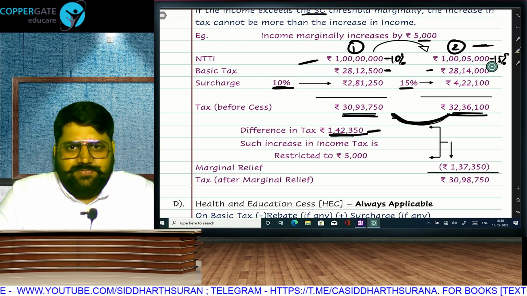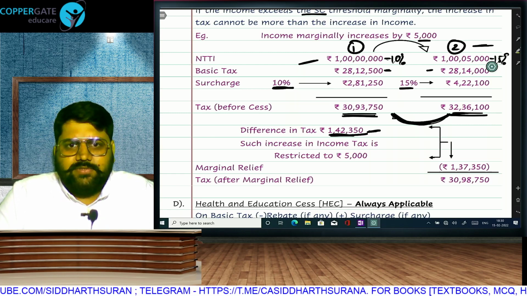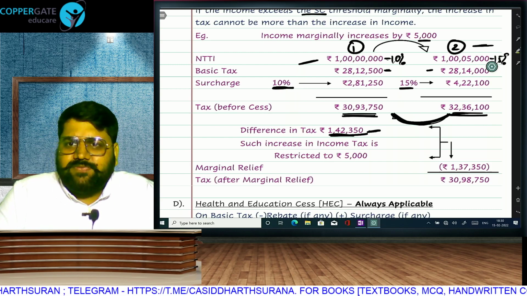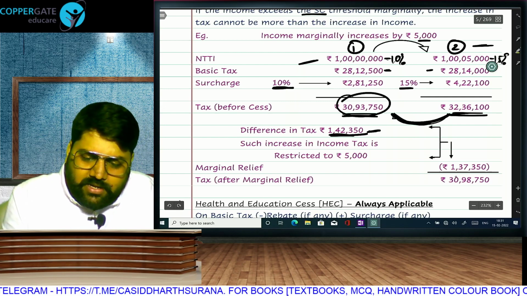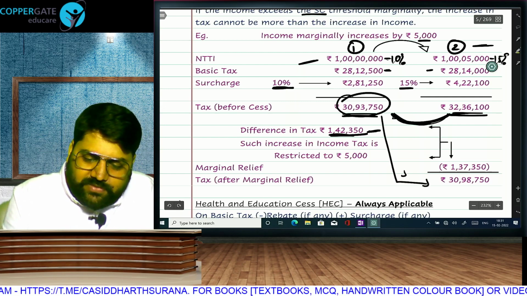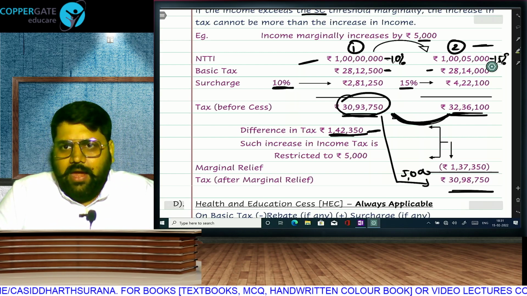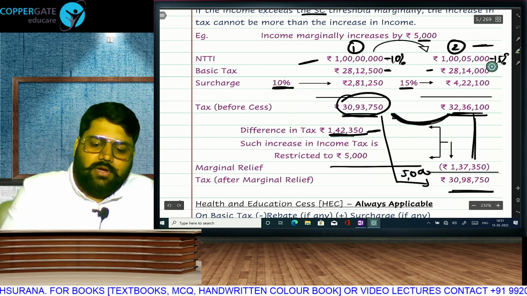If income has increased by 5,000, tax cannot increase by more than rupees 5,000. So if this is 3,093,750, here it will be maximum 5,000 difference and thus 3,098,750, and the difference figure will be subtracted. That is called marginal relief.